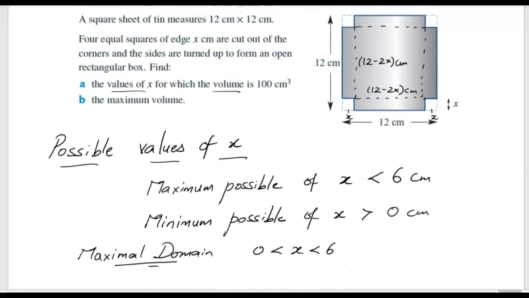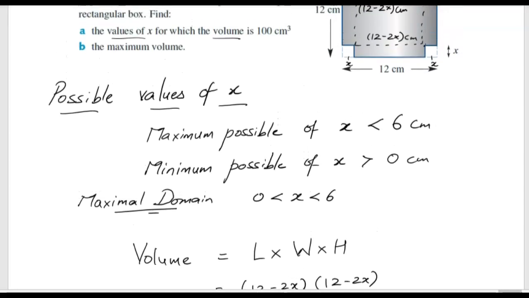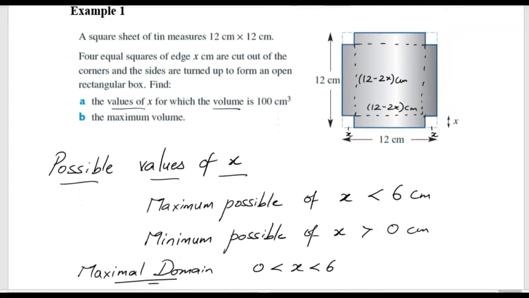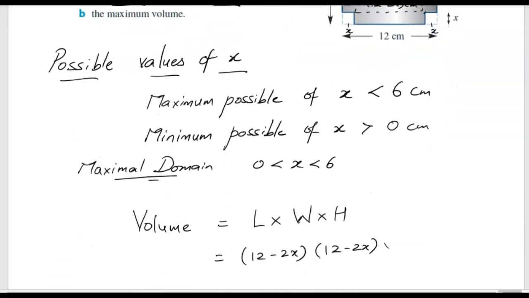We've just established the box has a length and width of 12 minus 2x centimeters, so it's 12 minus 2x times 12 minus 2x. The height of the box is going to be the side length of the squares we cut, because that's what folds in to form the box, so the height is x centimeters.